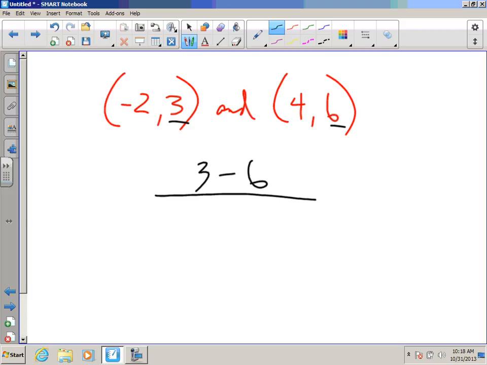Change in x. Negative 2, subtract the 4. 3 minus 6. Negative 2 minus 4. Negative, negative, give you a positive.